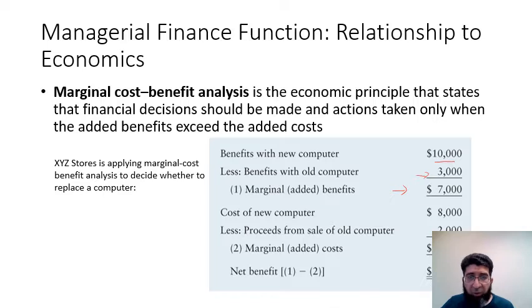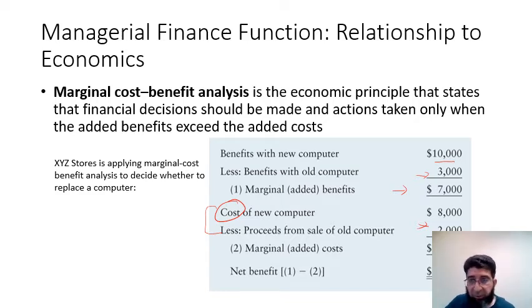And then we also look at the cost. So cost of a new computer is 2,000, and marginal added cost has to be less than 6,000. That is the difference between the cost of new computer and proceeds from the sale of the old computer.